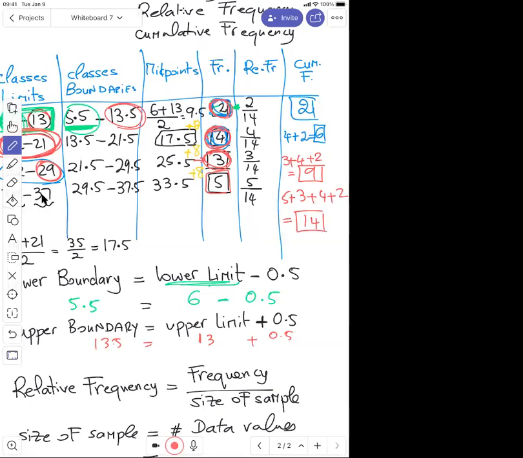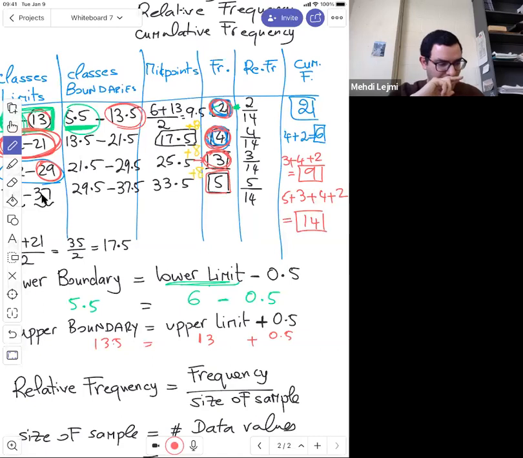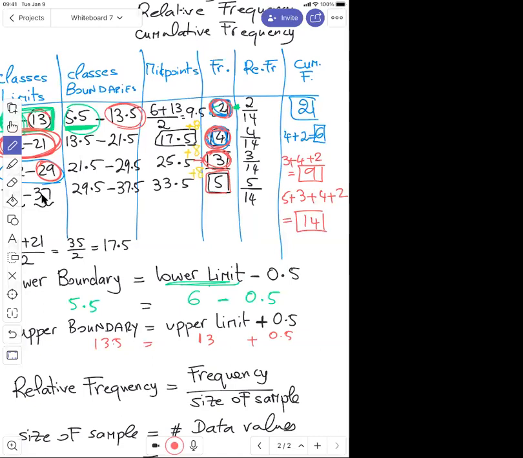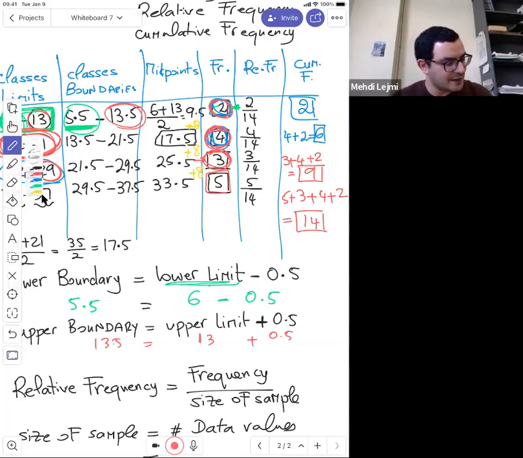I have a question regarding the relative frequency. How do you know you have to divide by 14, like 2 divided by 14, 4 divided by 14? I understand the frequency is the top number, but how do you know the bottom number is 14? Okay. That 14 is the size of the sample.